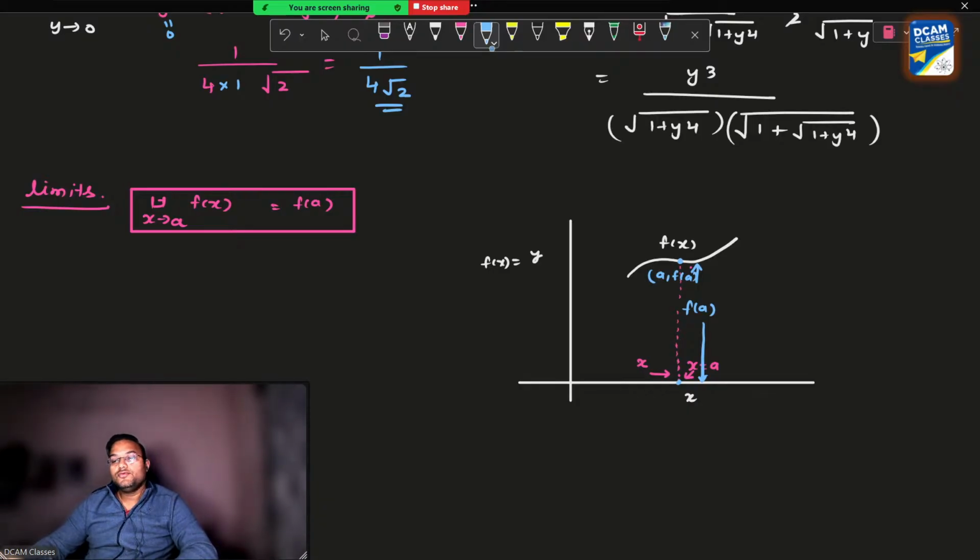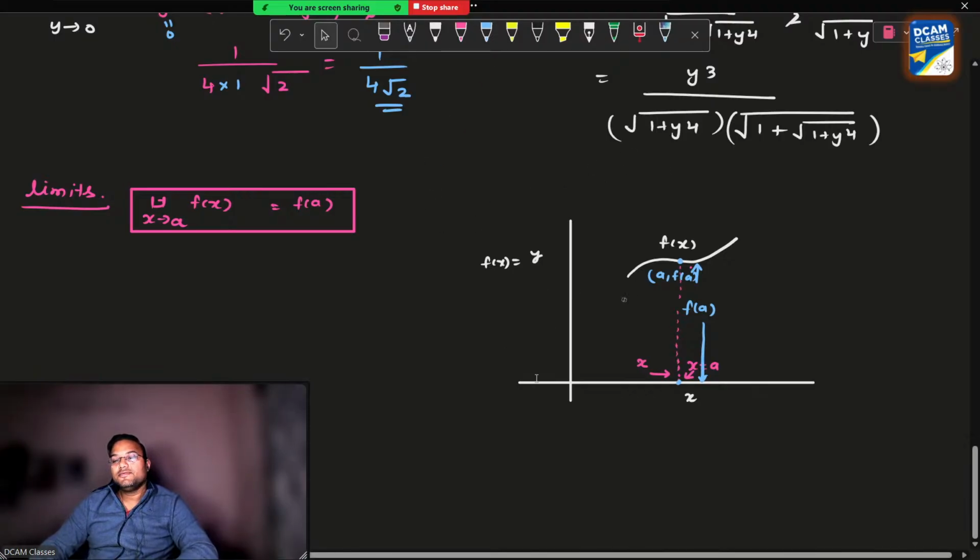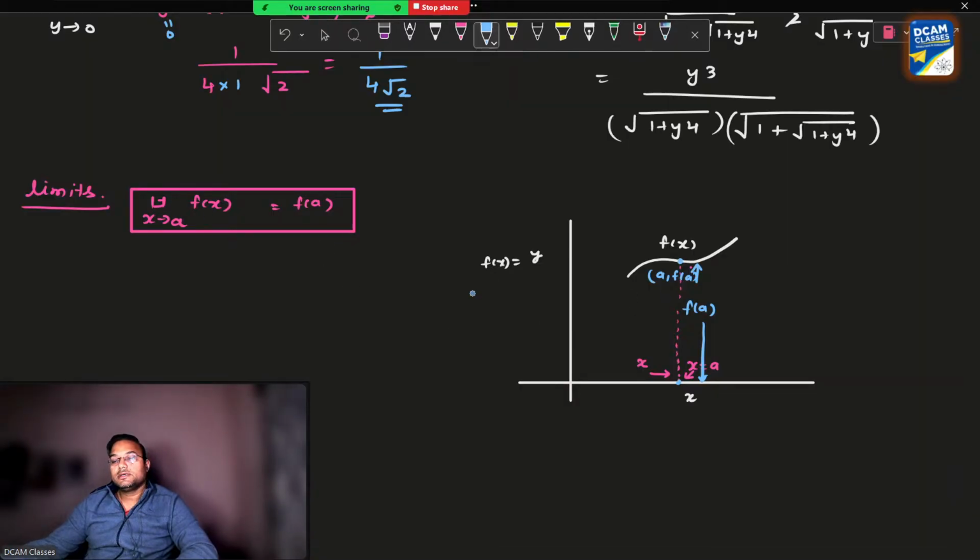Now you will be confused, you will be thinking why we are putting limit x tending to a of f of x, when we can easily put the value of x is equal to a and then find out the value of this f of a. Yes, we do this operation of limits because sometimes x is tending to a, we may be reaching to the place a from the left side or from the right side.